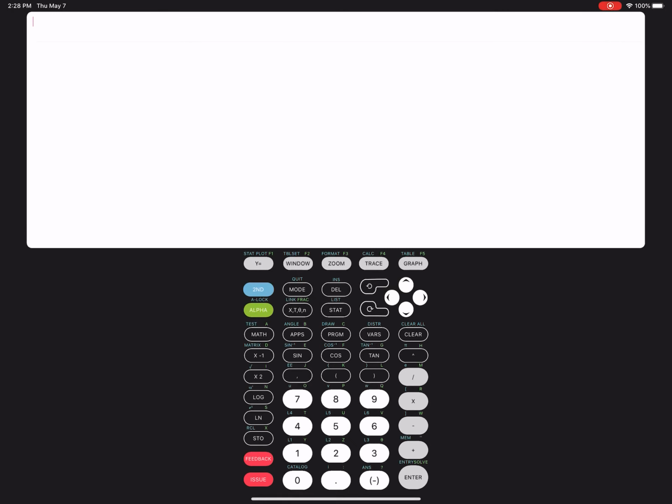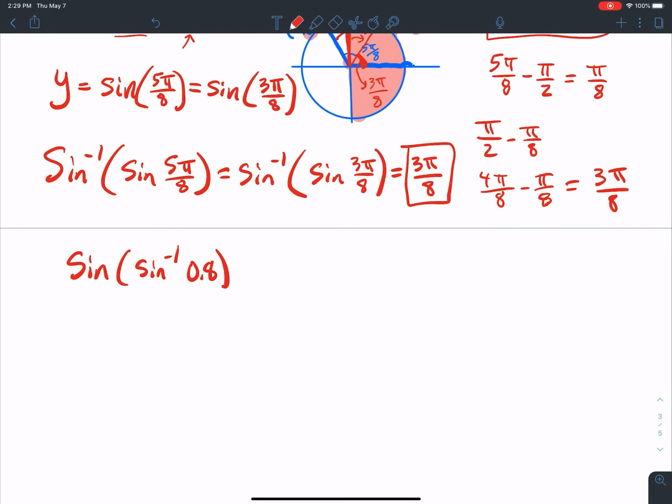So the sine of sine inverse of 0.8, close parentheses, enter, is exactly 0.8. Now why does that work? Because the input here, 0.8, is between 1 and -1. So we're between there, so we're good to go.